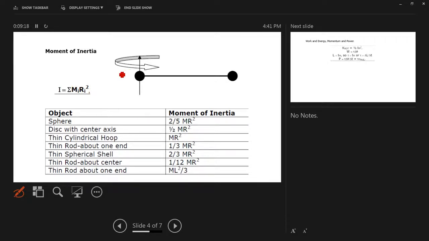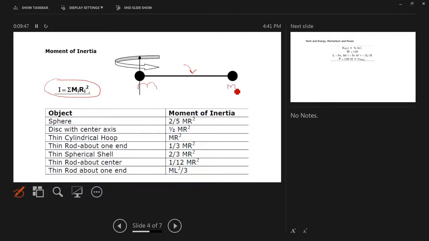Alright, here's a definition for objects that can be considered point objects. In other words, if you can idealize an object to just points of a structure connected by thin massless rods. So the rod in here doesn't really count. What we're talking about in this particular case is we have a mass here and we have a mass here.